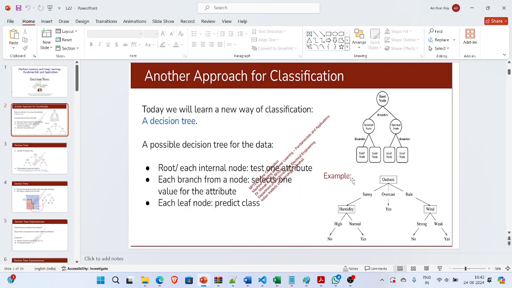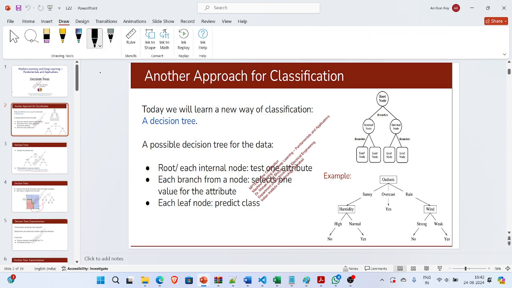So if we get into it, as you can see, a possible decision tree for the data. First we take one attribute, let's say outlook here, and we're classifying on that: sunny, overcast, and rain.